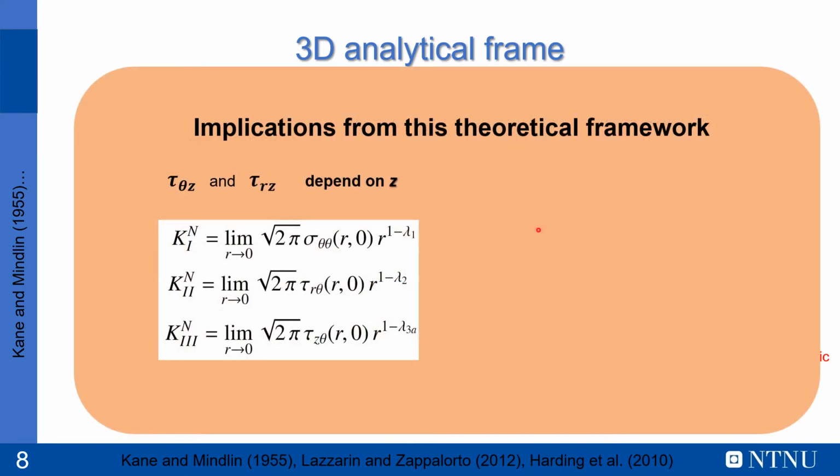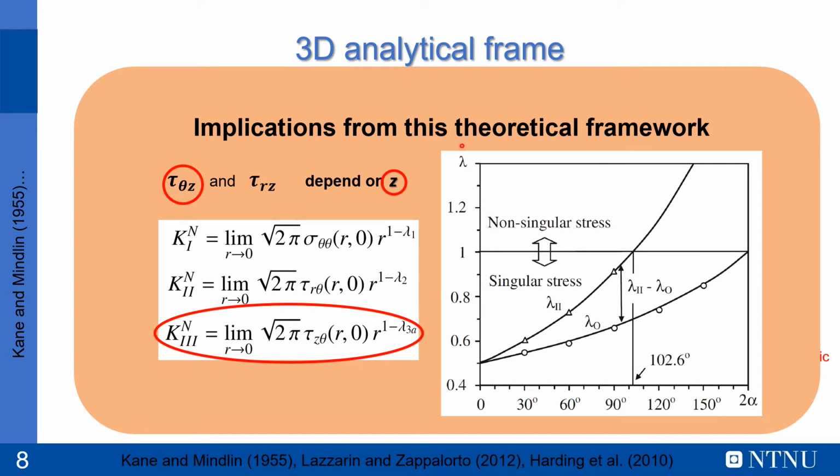The main implication from this theoretical framework is the dependence on z of the shear stresses. Therefore, the mode 3 notch stress intensity factor is the only one which depends on z, therefore it varies along the thickness.